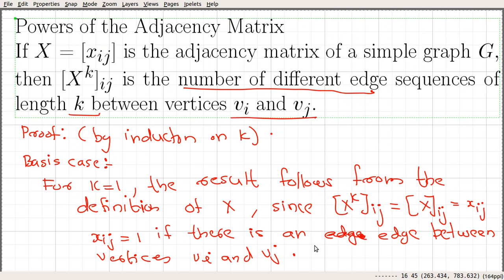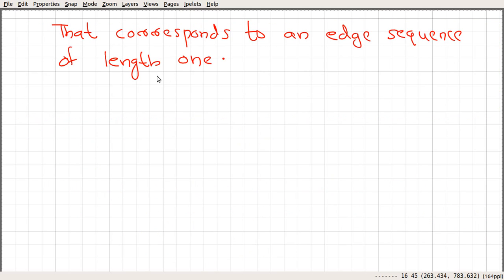In that case there is no edge, so no such edge sequence exists. Okay, so we are done with k equal to 1. So the result holds for k equal to 1.